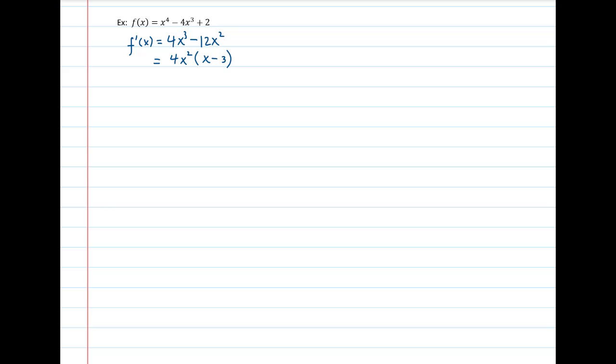The first derivative is equal to 4x cubed minus 12x squared. Factor the 4x squared out and set that equal to 0. I forgot to set that first derivative equal to 0, but you get the idea. If you set those two factors equal to 0, we get that x is equal to 0 and x is equal to 3, right? Those will be our critical numbers from the first derivative.